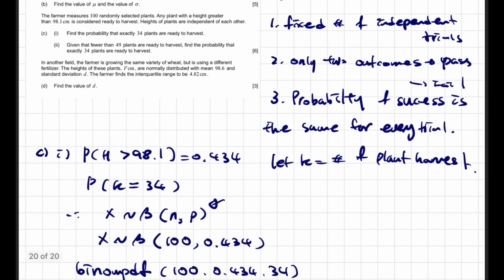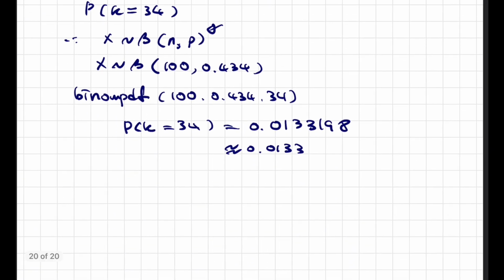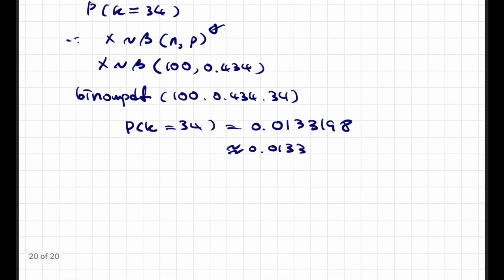Okay, then let's look at question C(ii). Given that fewer than 49 plants are ready to harvest, find the probability that exactly 34 plants are ready to harvest. So this is kind of conditional probability combined with the binom CDF, right?